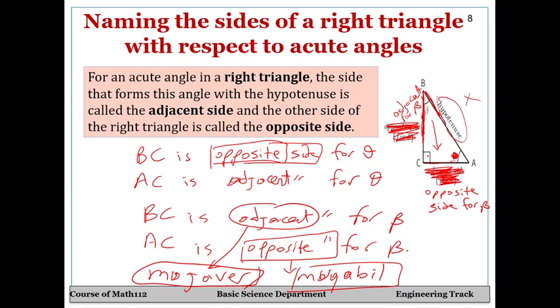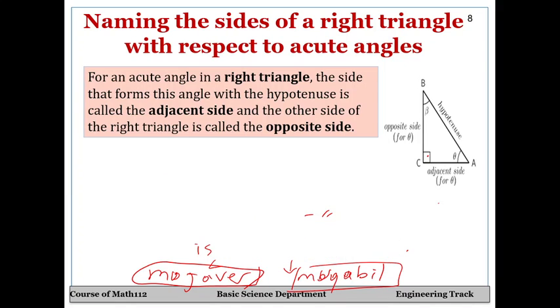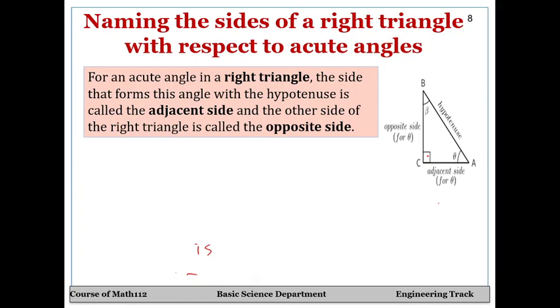The adjacent and opposite sides are with respect to the angle, so you have to specify the angle first. If you're saying the opposite side, you have to say for which angle. If you don't specify the angle, there's no meaning in saying adjacent side.